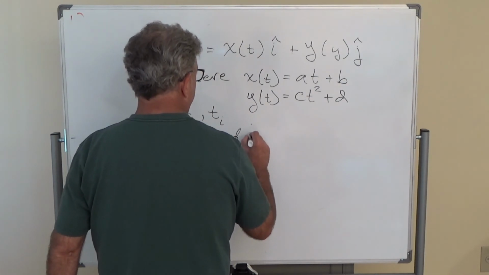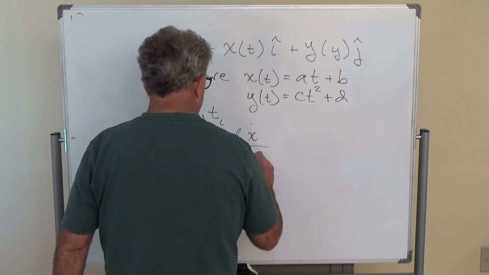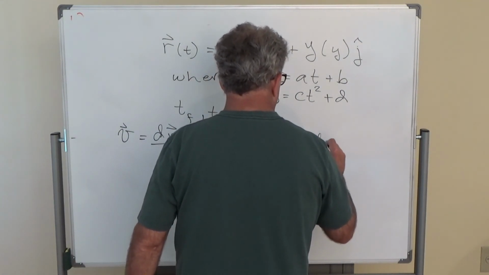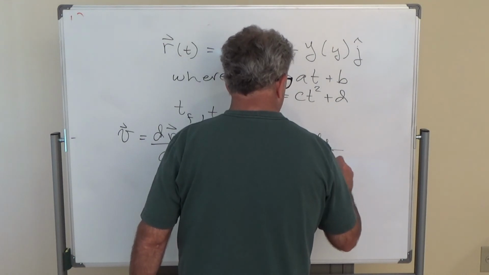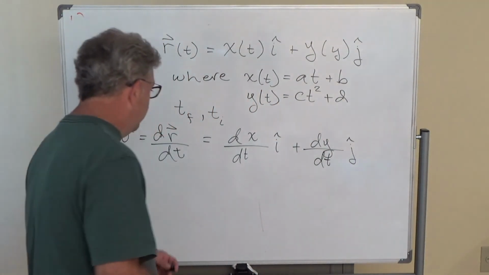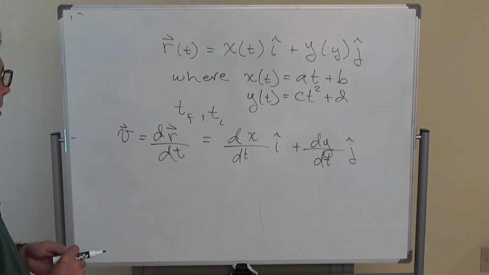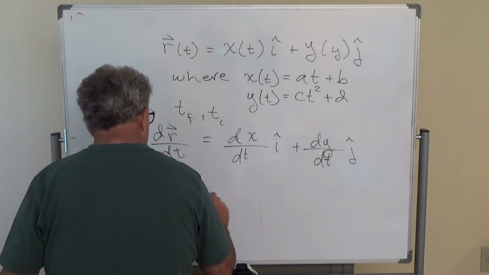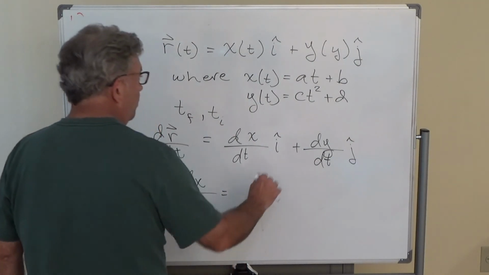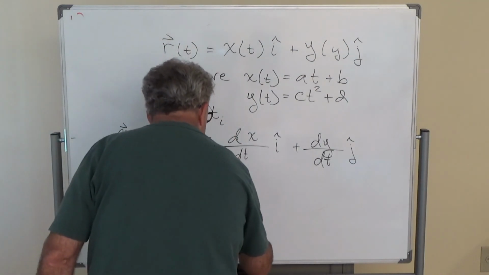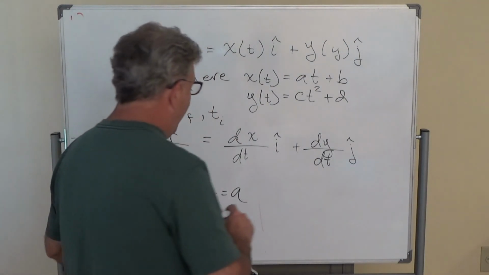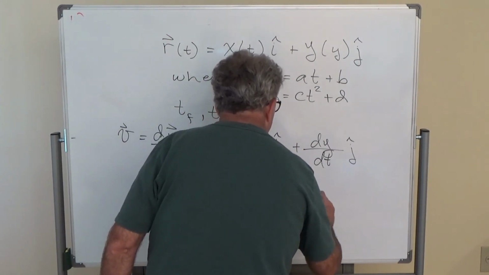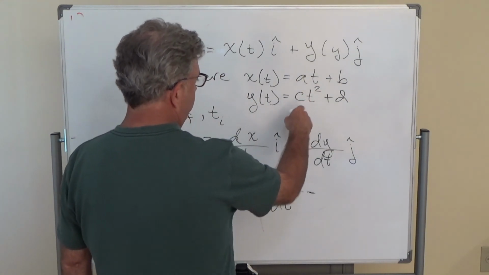So this is equal to dx dt i hat plus dy dt j hat. dx dt is equal to A. dy dt is equal to 2ct.